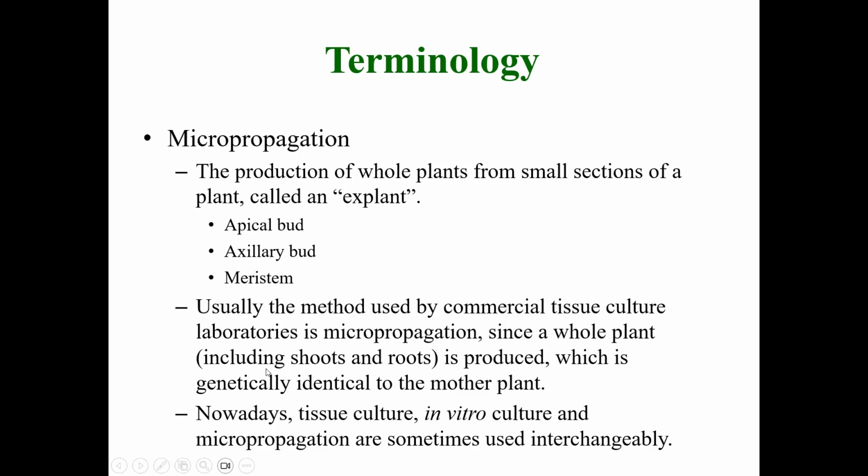A whole plant, including shoots and roots, is produced, which is genetically identical to the mother plant. This is very interesting. There are some differences between micropropagation and other propagation. The most important is that you use the tissue or cell of a plant in aseptic condition in a test tube in the laboratory and just make copies using nutrient medium.